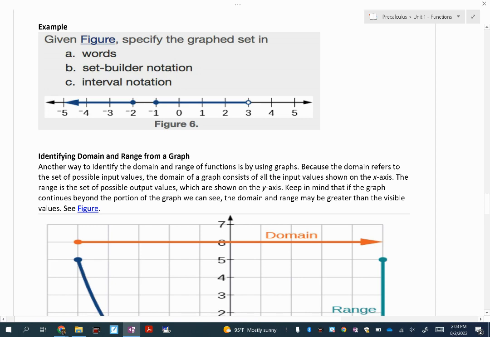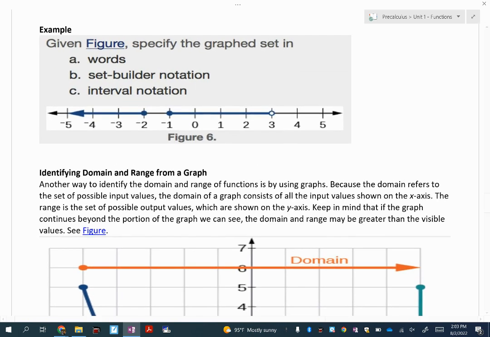All right, so in words, I know it's kind of tougher to see on your notes, but you might look up here, or on the screen, and see that I have it in navy blue.